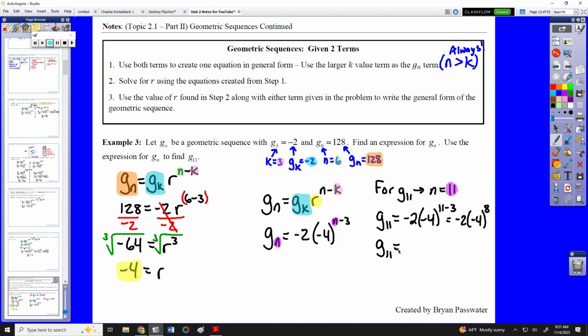If we do it step by step, negative 4 to the 8th power is 65,536, which would then get multiplied by negative 2 and would give you negative 131,072, the 11th term of that geometric sequence.